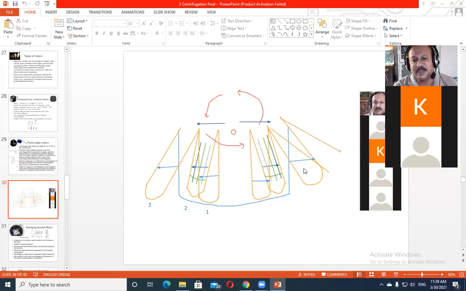Then I asked you one question before the end of the meeting: if I want a very good separation between the particles, or if I want the particles to travel the maximum distance, what should be the placement of the centrifuge tubes? I think Shamim or Inamul wanted to answer that question, and then the meeting ended. So can you answer it now?